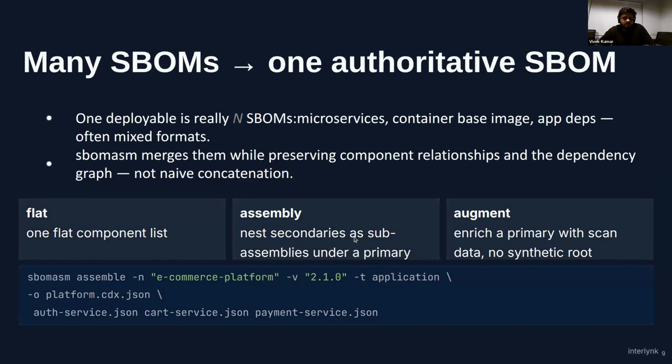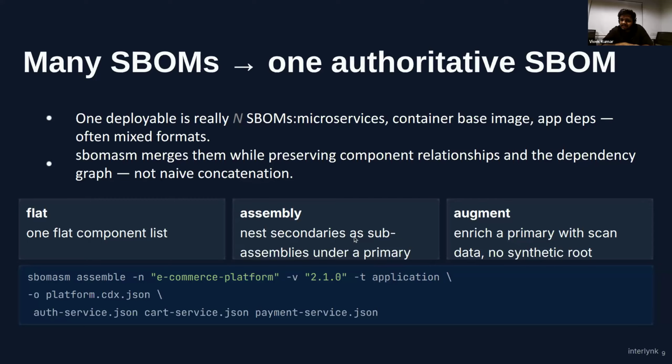Now coming to assembly, what are the merging strategies that SBOM ASM supports? There are multiple strategies on the basis of which SBOM ASM assembles multiple SBOMs. One is flat. In flat, all the input SBOMs are placed in the components section, all their primary components as well as all their components.